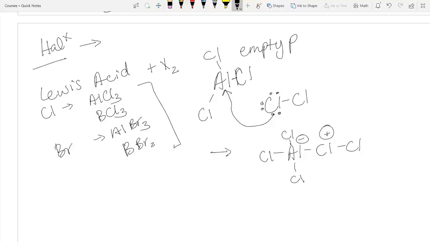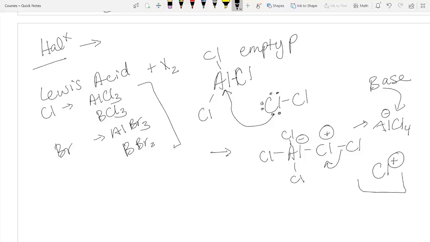And so what happens next is that the electrons can go that way. This is still going to be negative. This becomes AlCl4-, which is a base. Note in the mechanism I drew before, you needed a base, and you get Cl+.